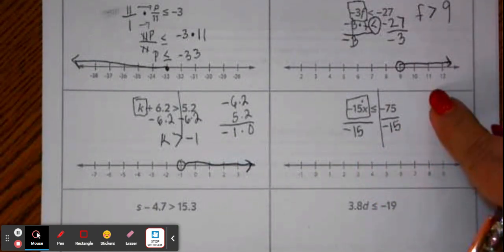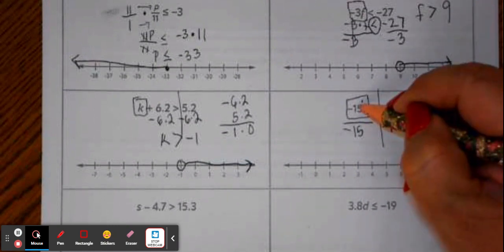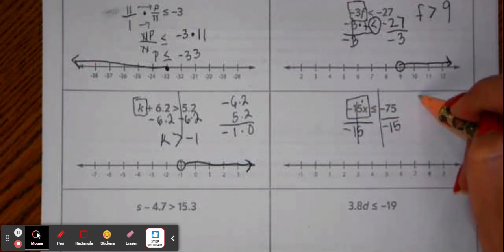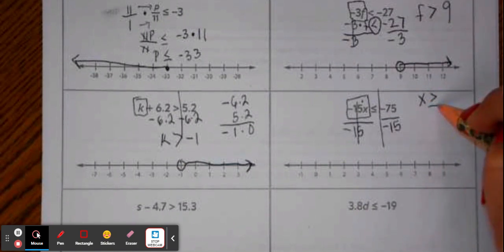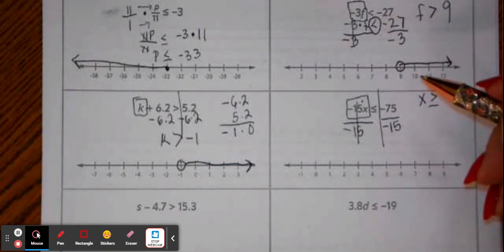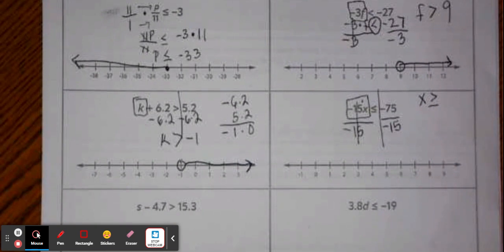I'm going to move my work right over here. These cancel out each other, so now I have an x which is going to be greater than or equal to, now 15 will go into 75 5 times.